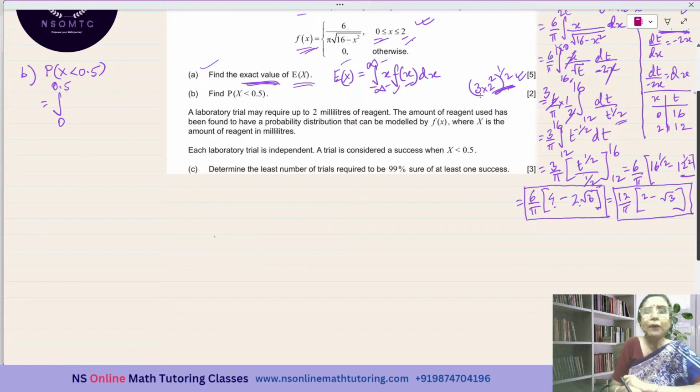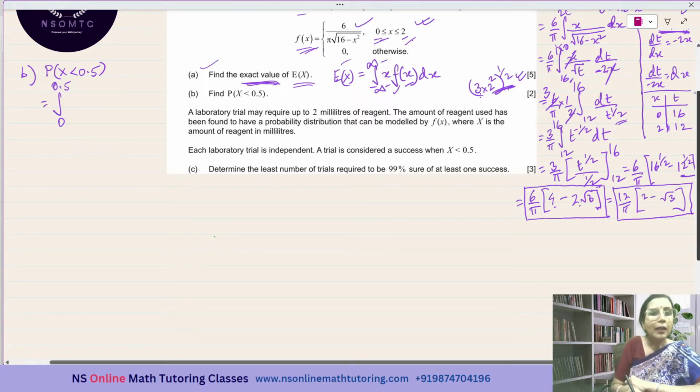So the limits will be from 0 to 0.5, and this will be taken as the integrand. So it is 6 over pi square root of 16 minus x square dx.